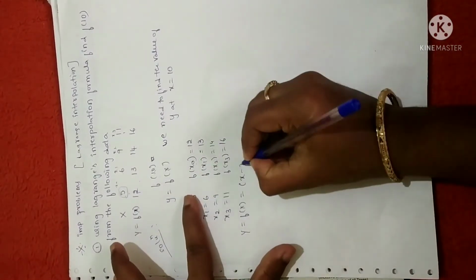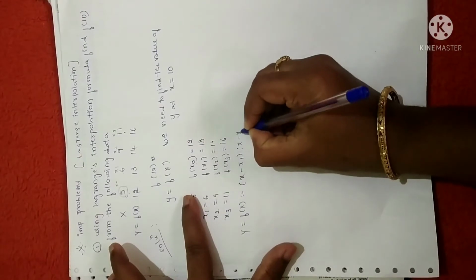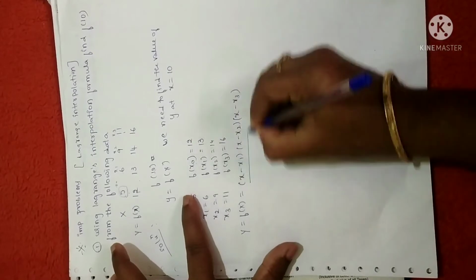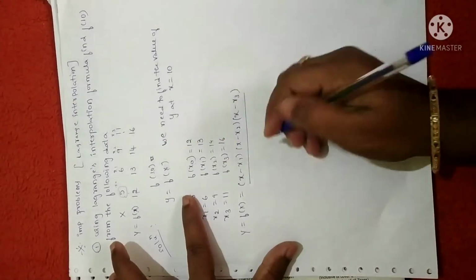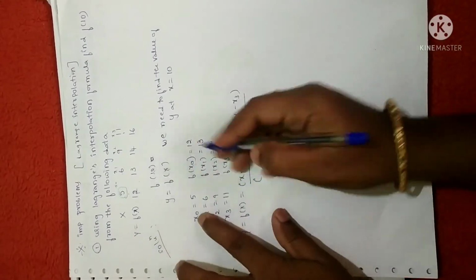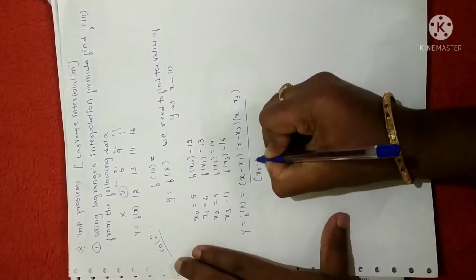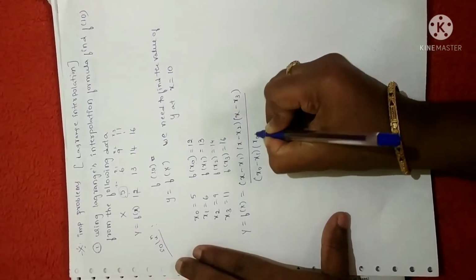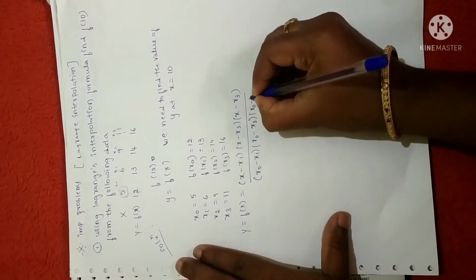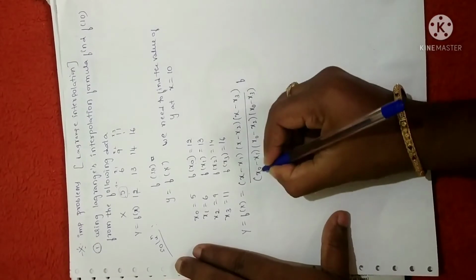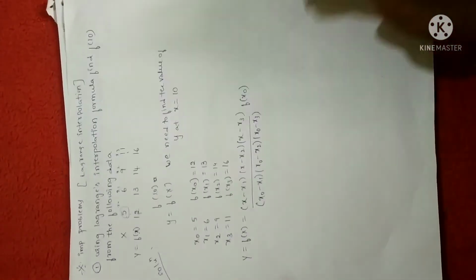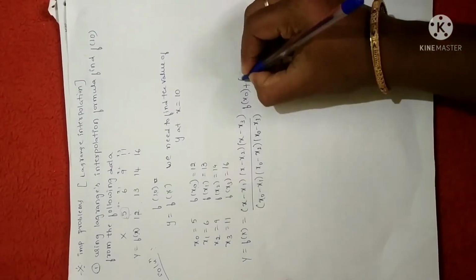You just subtract x minus x1, x minus x2, x minus x3, divided by, in the denominator, the value left, x naught. So in place of x you write x naught, remaining as it is, into f of x naught. So you have to multiply that.